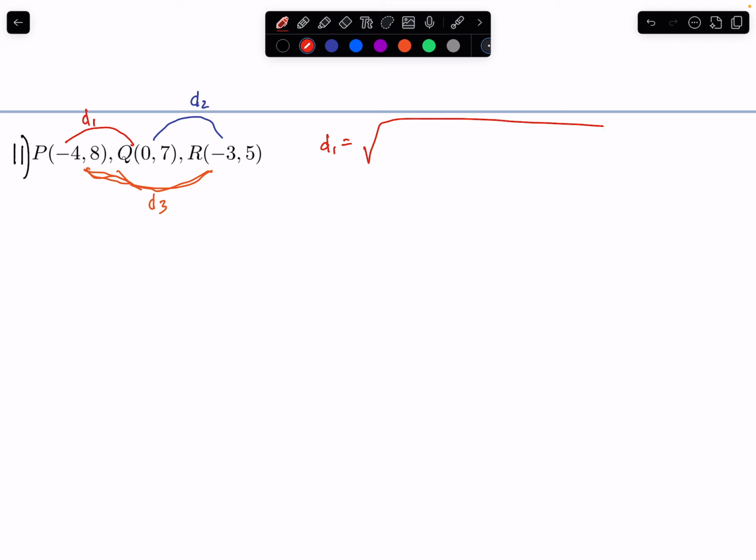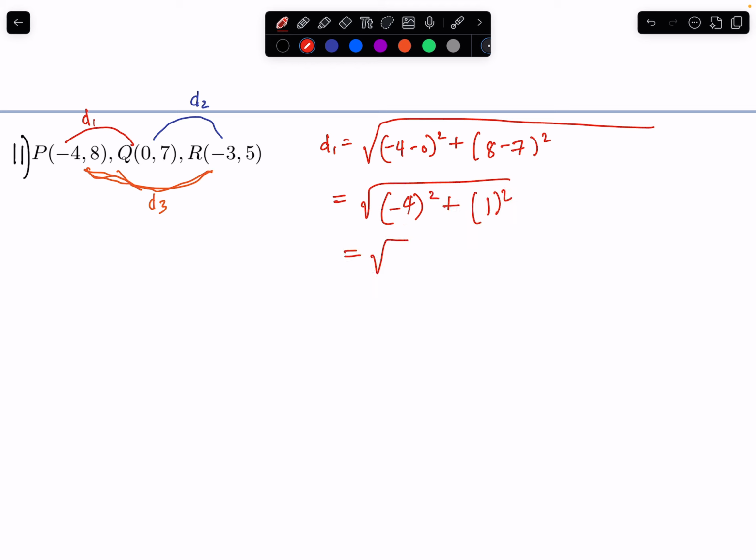This is the distance between P and Q. That's -4 minus 0, quantity squared, plus 8 minus 7, quantity squared. -4 minus 0 is just -4 squared. 8 minus 7 is 1 squared. So I've got that same number again, huh? 16 plus 1, square root of 17. Okay, D2.